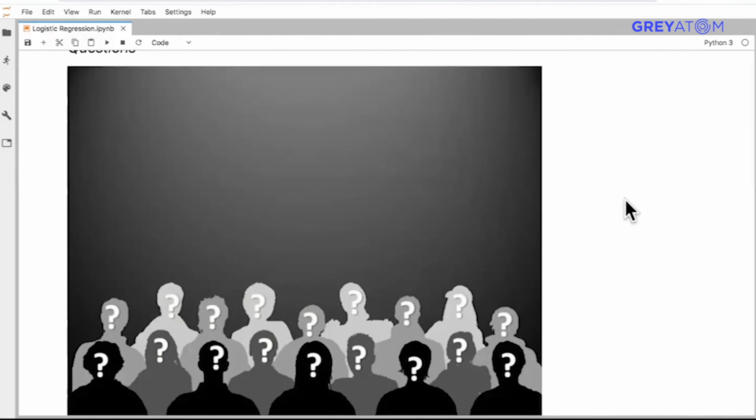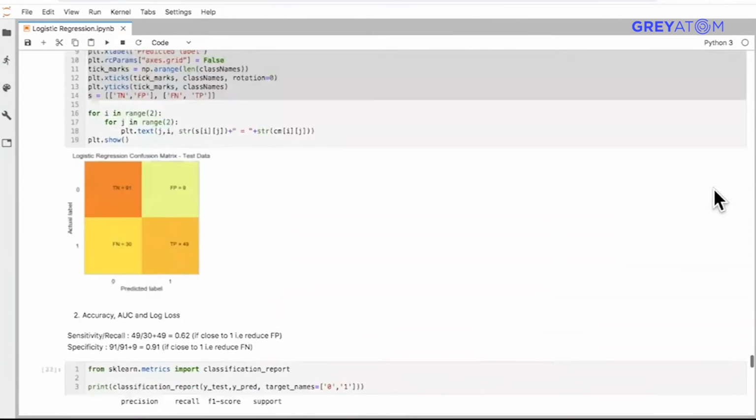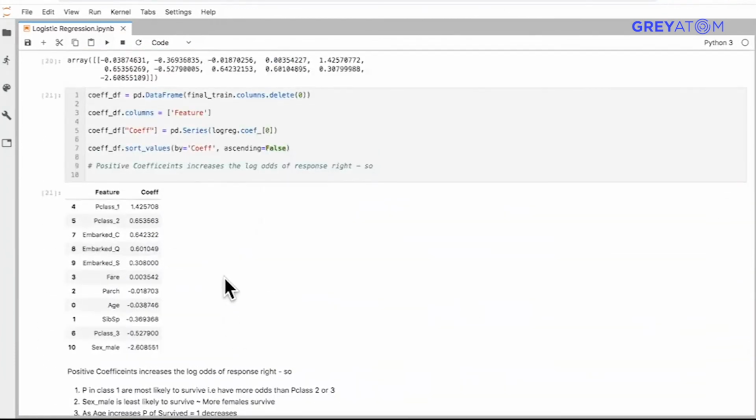Sachin is asking a question: does logistic regression understand numerical variables? Let me show you why we actually did one-hot encoding. If I don't do one-hot encoding or dummies here, not all of my features would have a coefficient associated with them.